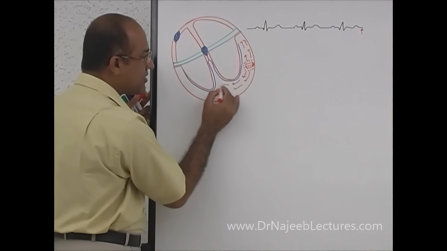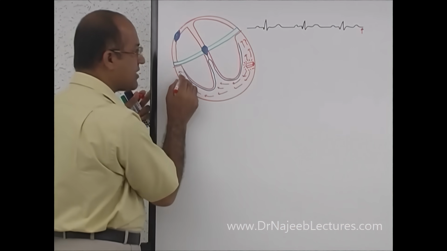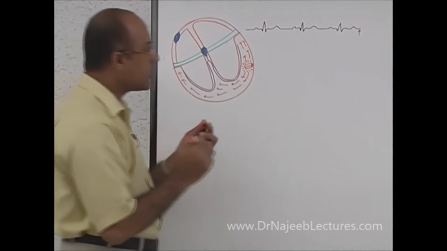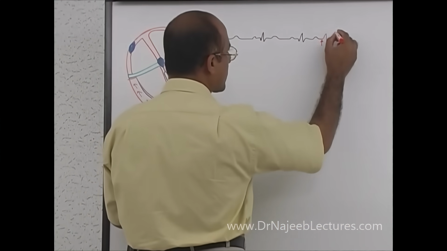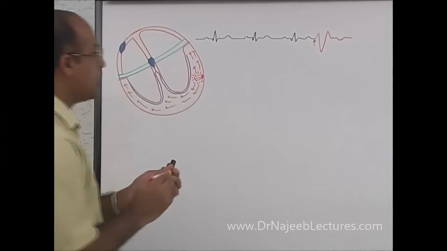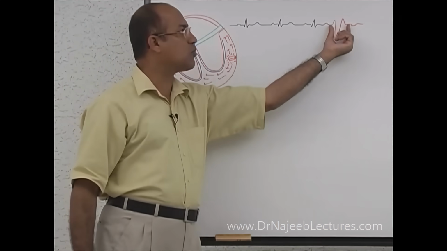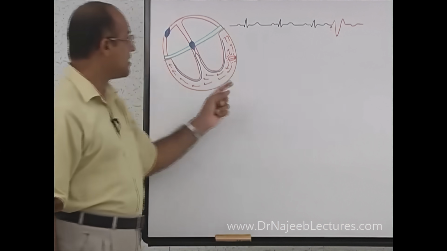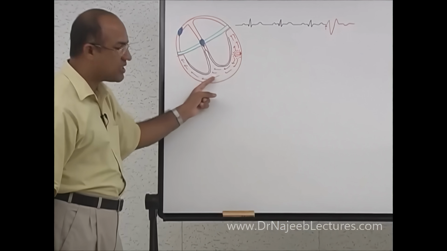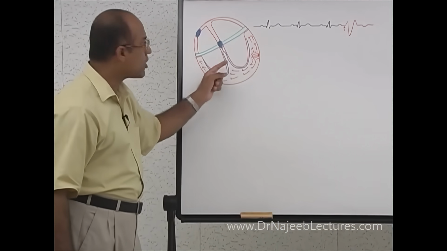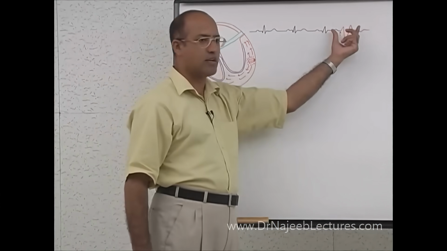And when this current passes through a pathological pathway, that will make a pathological vector there, not a normal vector. So naturally the QRS complex will be abnormal. This is an abnormal QRS complex. It's wider. Why is it a wide complex? Simply because this is an abnormal ectopic focus, and the current spreading through this is not passing through the normal high velocity pathway. So it's through a moderate velocity pathway, so it has to be wider, number one.